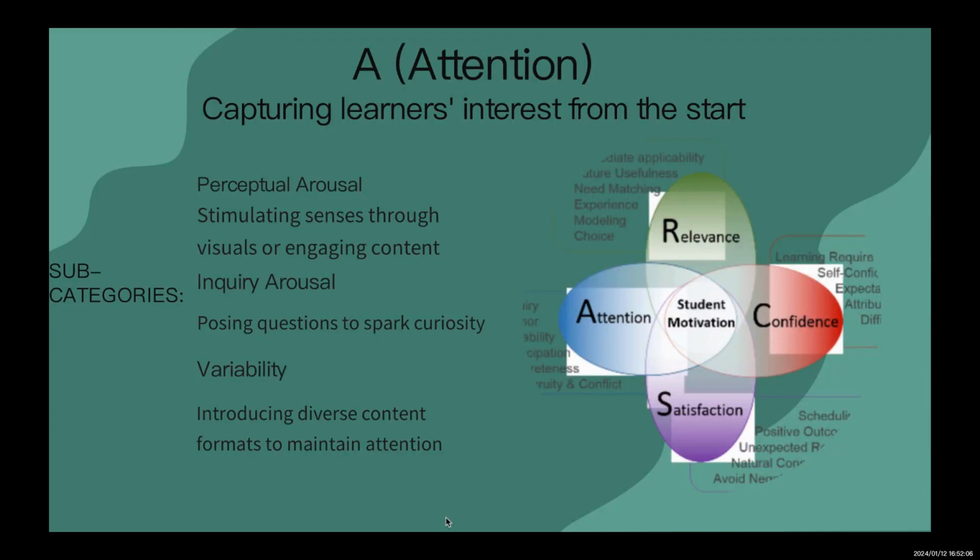The last one is variability. It means introducing diverse content formats to maintain attention. And you can see the picture on the right shows the detailed 4 key components of this ARCS model.